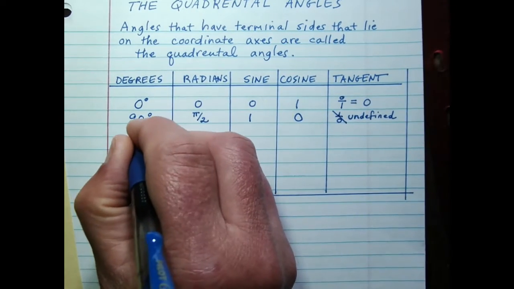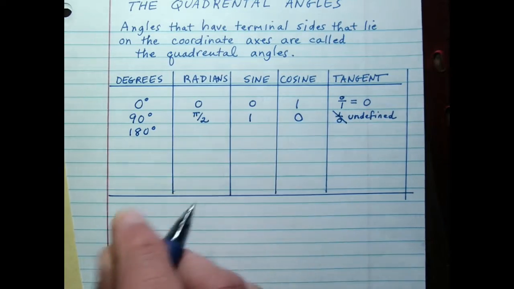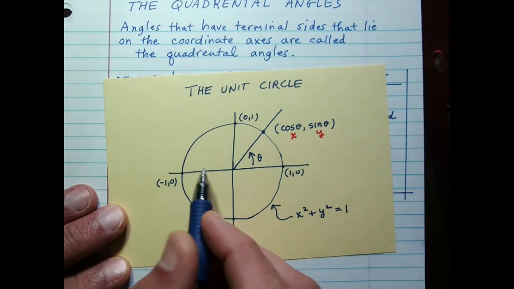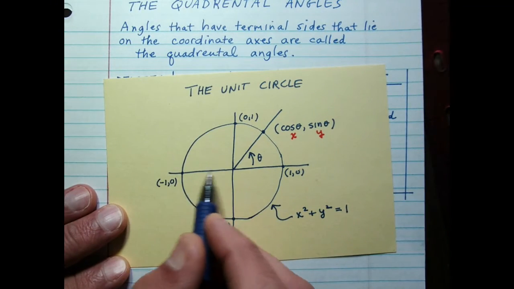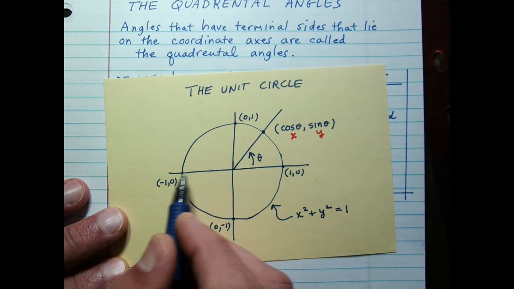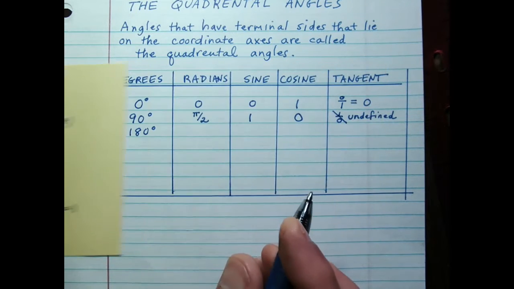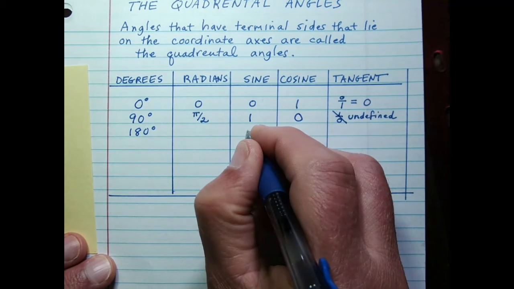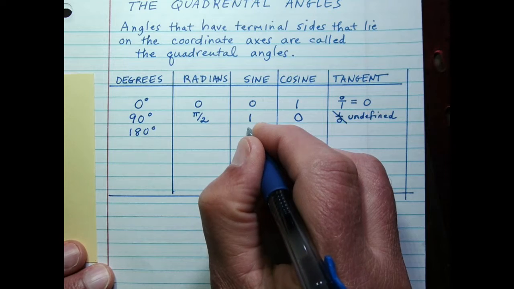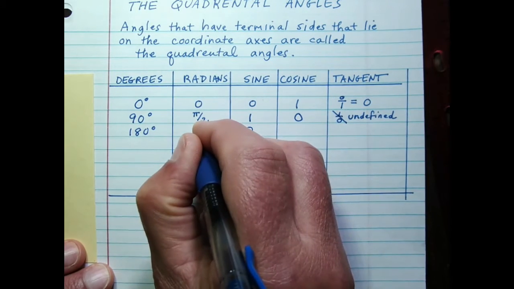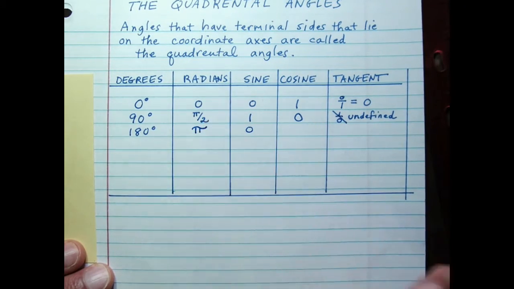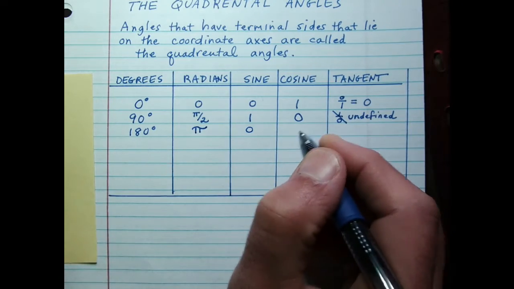Next, let's look at 180 degrees. 180 degrees has a terminal side along the negative x-axis. The y-coordinate of the point of intersection with the unit circle is 0. So sine of 180 degrees is 0. And I forgot to write the radian measure of 180 degrees is pi here.